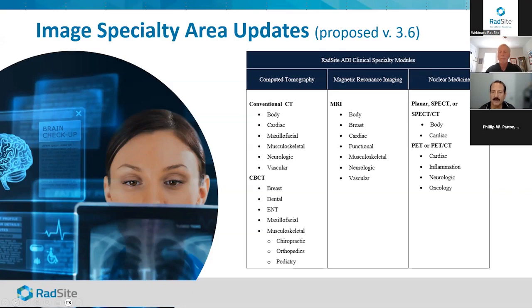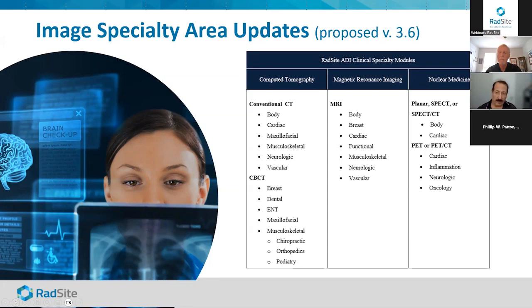Certainly within different specialties, such as conventional CT, one has cardiac imaging, for example, which arguably and importantly requires additional training beyond what one might have to typically interpret CT studies, and may also require a higher level of standard for the equipment that we use.